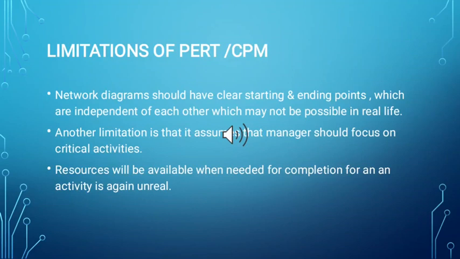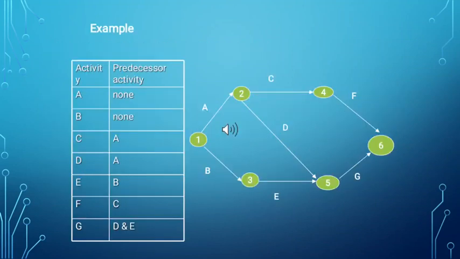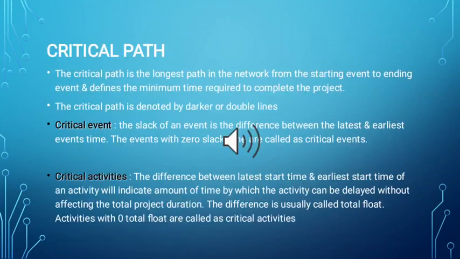The assumption that resources will be available when needed for completion of an activity is again unreal. Example: draw the network, given activities and predecessor activities.